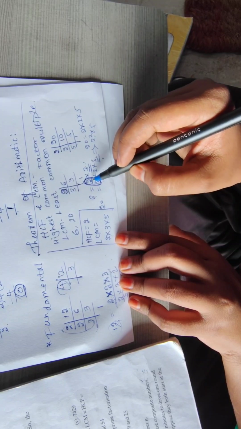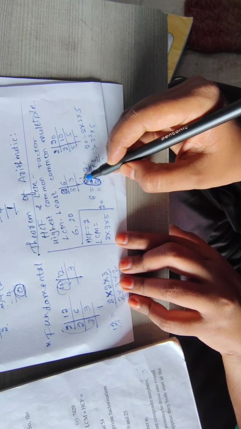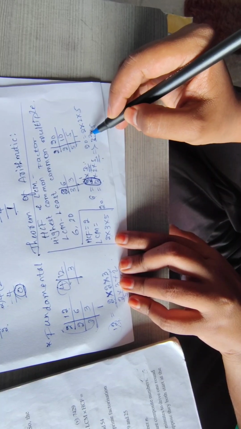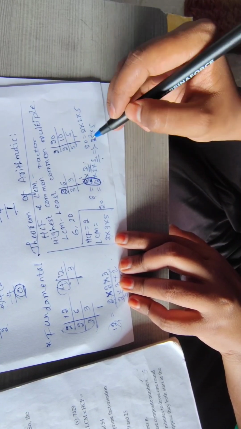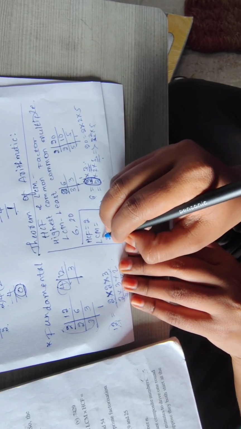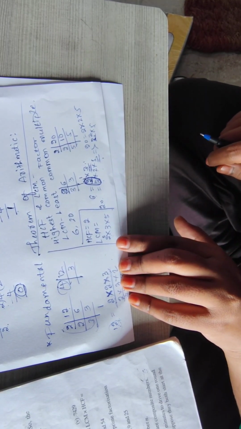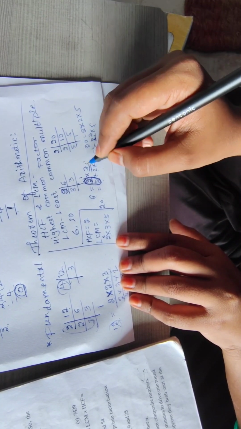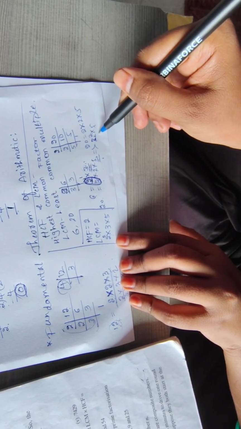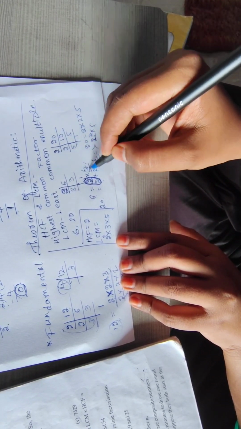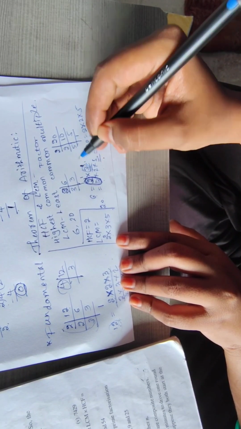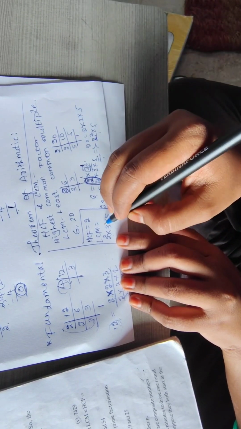Here we have 2 with power 1, and in this we have 2 as 2 power 2. Which is bigger, children? This one. 2 square is the highest power, therefore I will keep the highest powers here. Next you see 3 here. In the other number we are not finding 3, so only one number, and if there is no power written, it is understood that it will be 1. So 1.